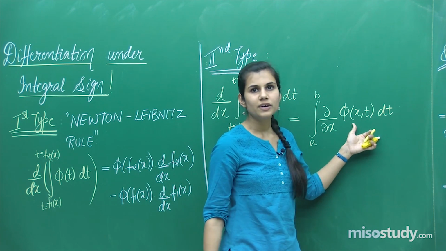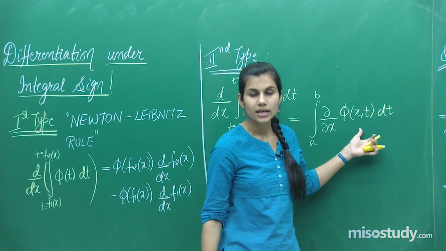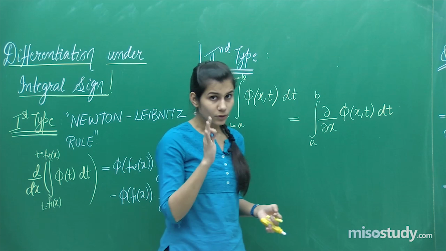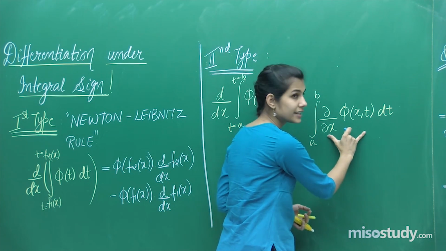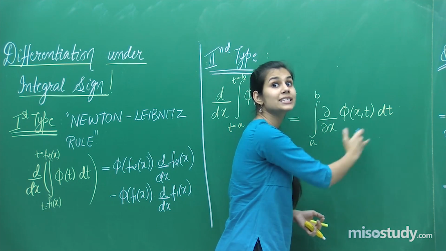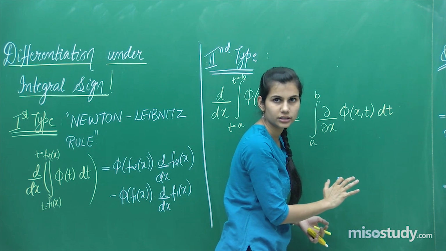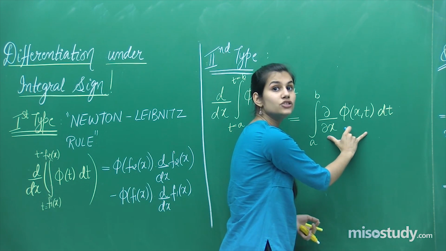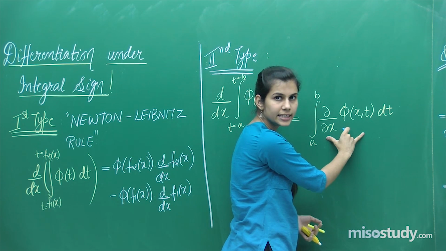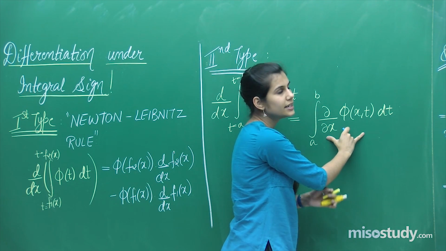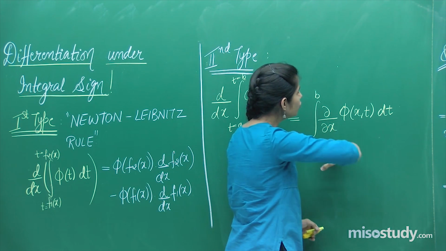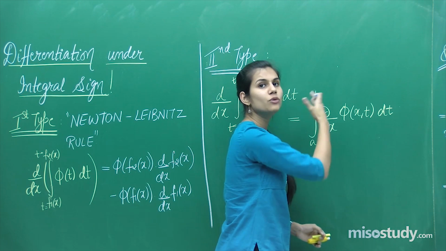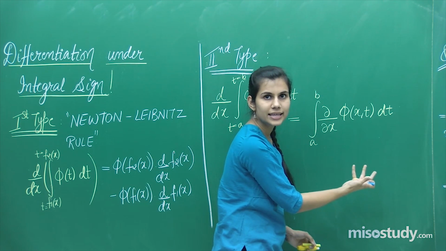Only differentiate the function phi x,t with respect to x. When you do that, you basically are just differentiating the x portion of this phi x,t function by taking t constant. What remains is the differentiated function, phi x,t with respect to x, t constant. Then you integrate it. Again you are going to get a function with respect to x and t.